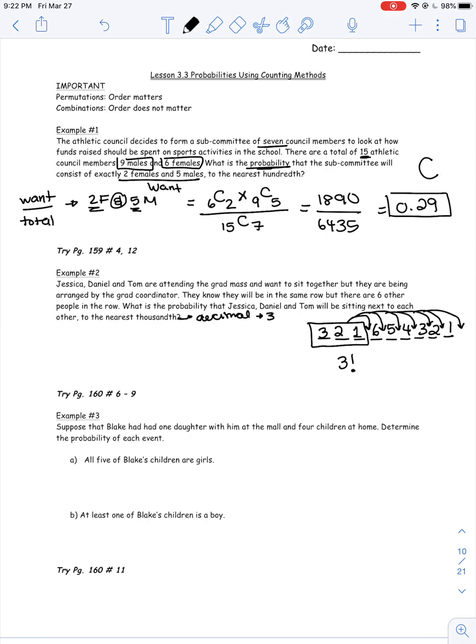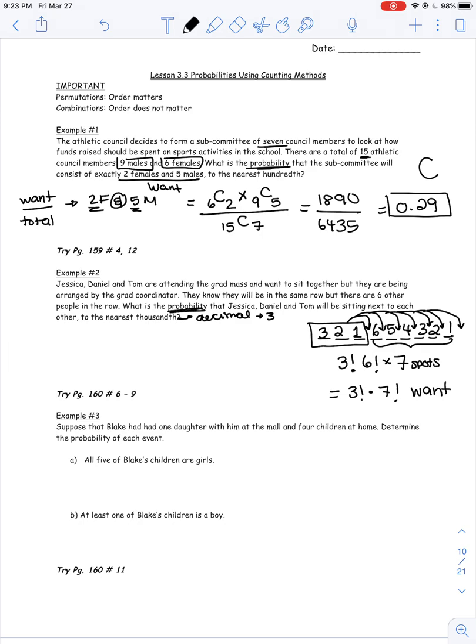If you count all these arrows, there should be 7 spots that they can go into. So you're first going to write 6 factorial, which came from all this, and then you're going to multiply by the 7 spots that those people could be sitting together in that row. Another way of writing this would be 3 factorial multiplied by 7 factorial.